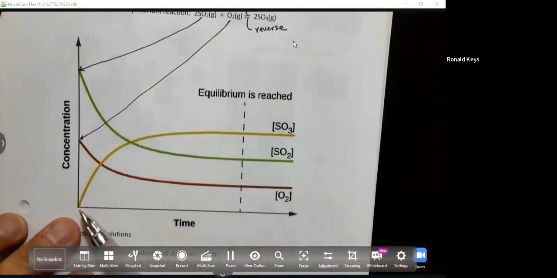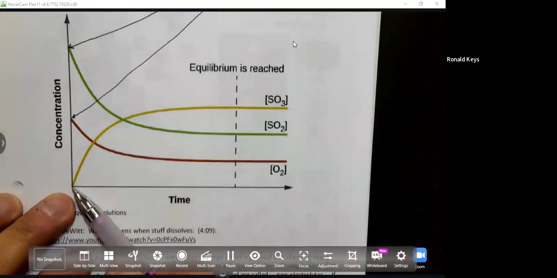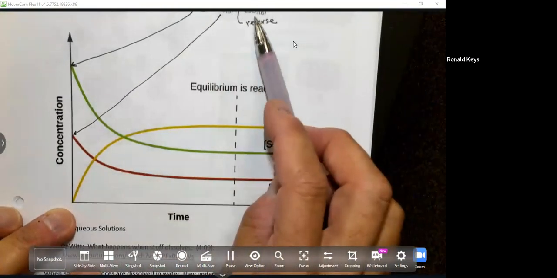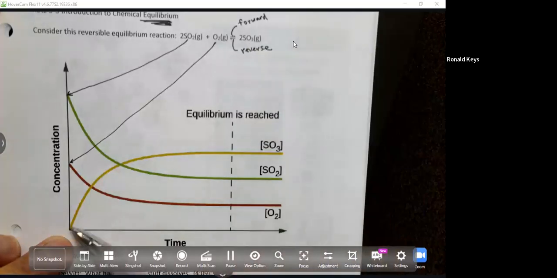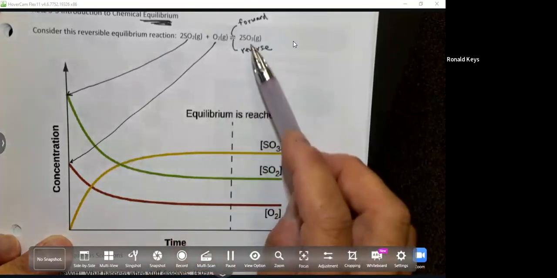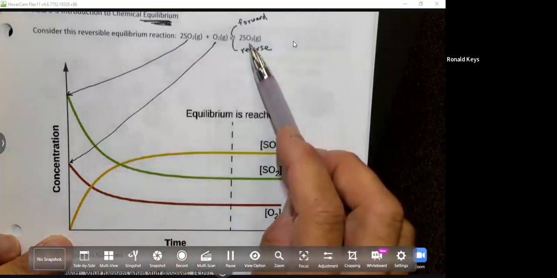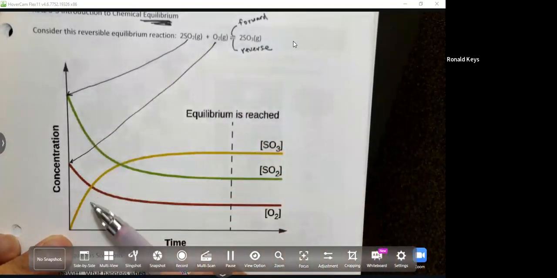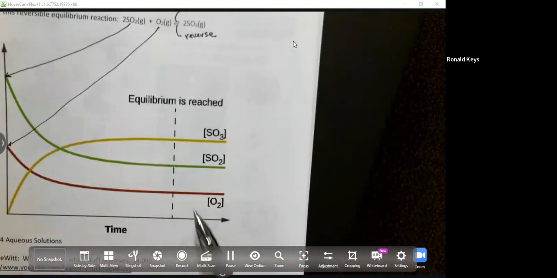How much product did we have when we started the reaction? 0. But notice what happens here. SO2 plus O2 makes SO3. This concentration comes up. We're making more and more SO3. As we're making more and more SO3, obviously we're using up SO2 and O2. But look at what happens.